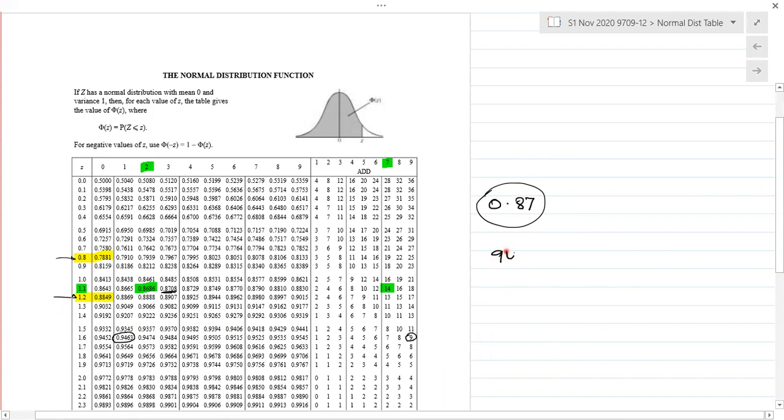We are getting 94.63, and we add 9 to this, so that gives us 0.9472.